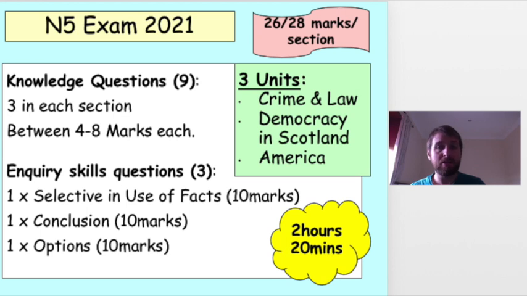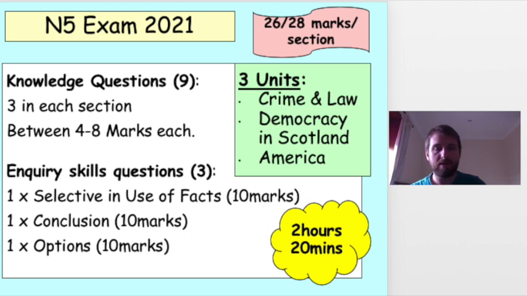Then you have the conclusion questions, where you have to formulate conclusions about certain bullet points as you work through. And then you also have options questions, where you choose an option to argue throughout the paper. Like I said, we're going to completely support you, and by the time it gets anywhere near the exam, you're going to be completely comfortable with how to answer this.